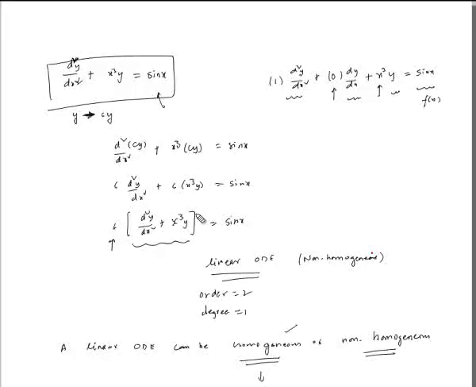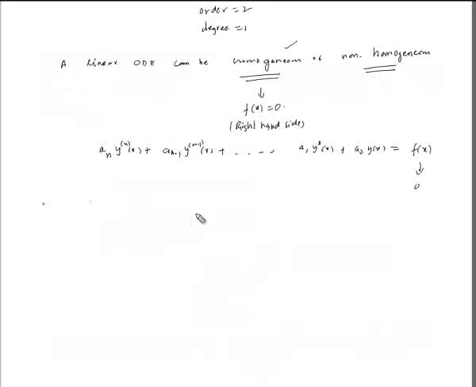Okay, so let me just describe one example. Another example is (1 plus x square) times the third derivative, and then you have sin x into d square y by dx square minus 4 into dy by dx plus y is equal to 0.